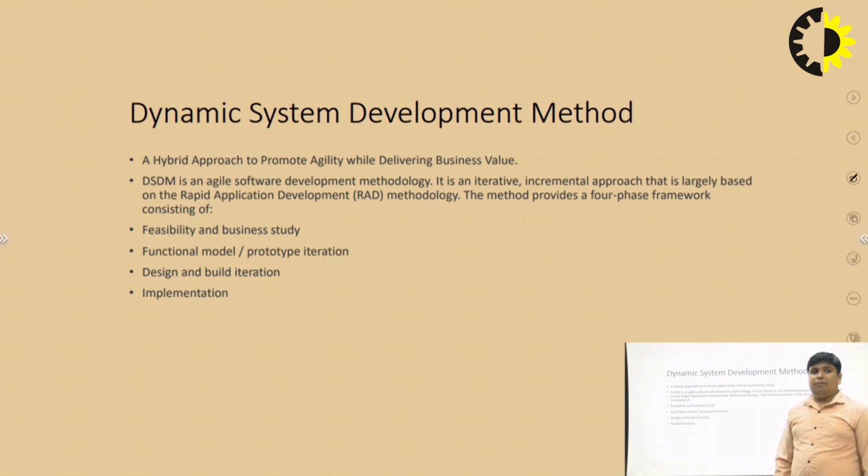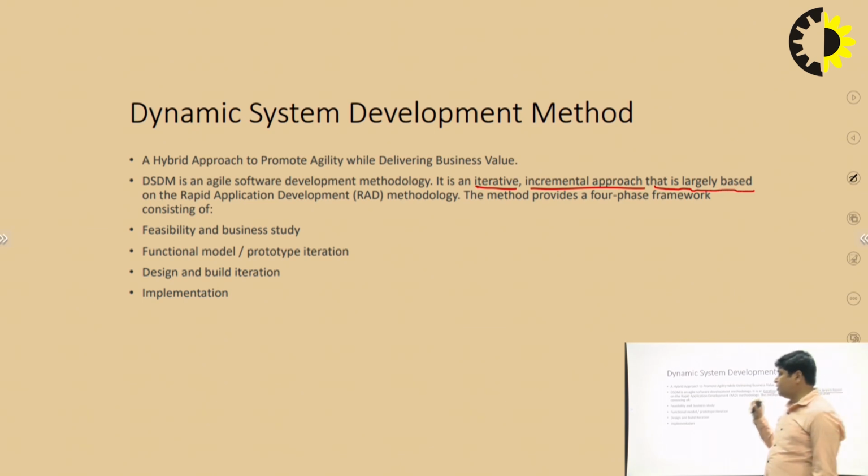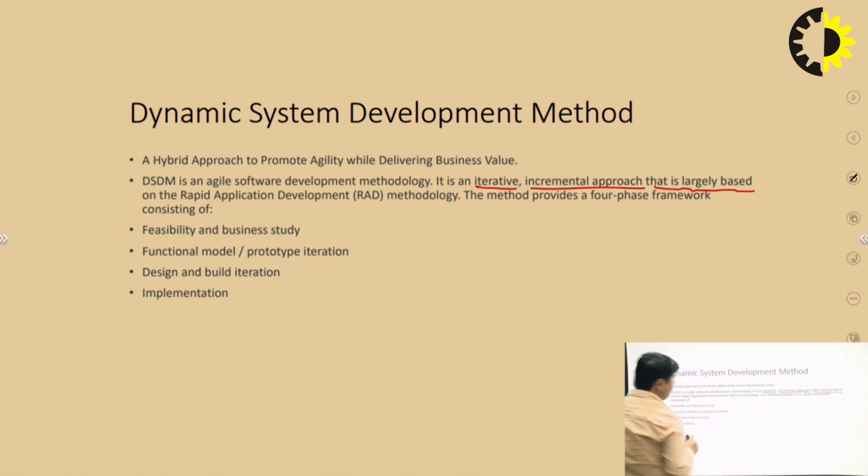Dynamic system development. Basically it is a hybrid approach to promote agility while delivering business value. So the dynamic system development method is an agile software development methodology. It is an iterative, incremental approach that is largely based on rapid application development methodology, and this method provides a 4-phase framework.